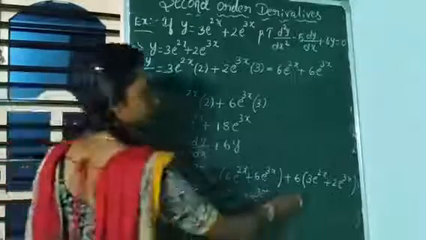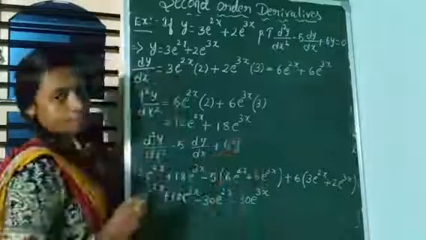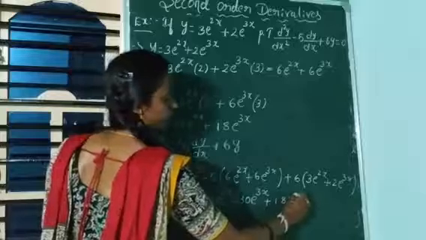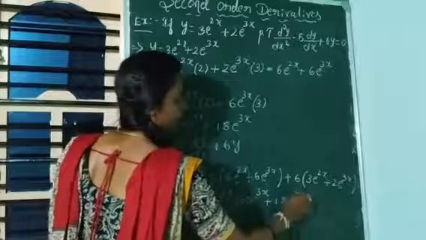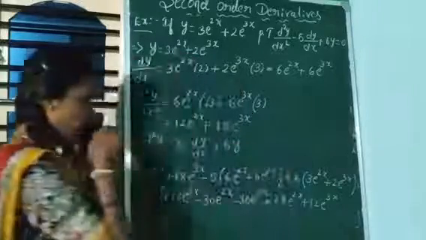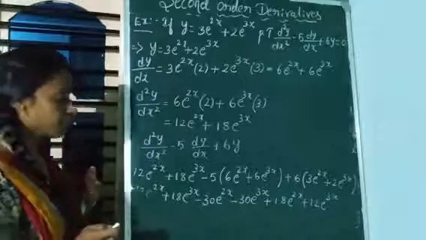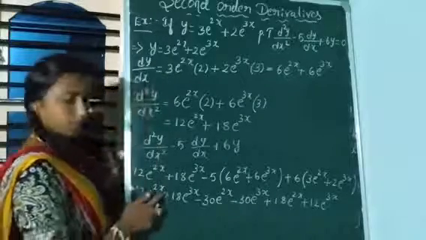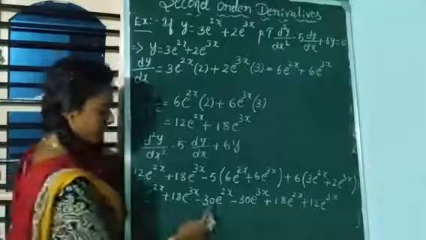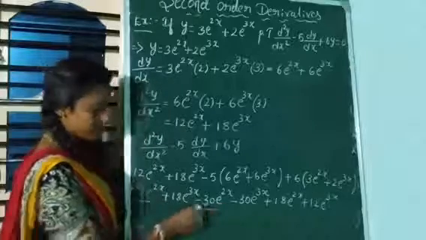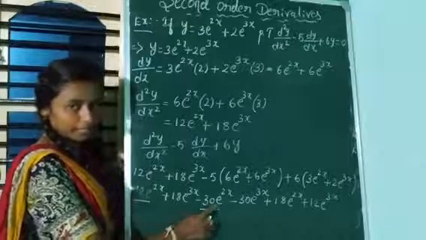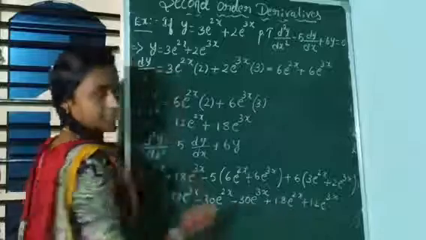The same way, multiply for these two terms by 6, which is 6 into 3 is 18 e power 2x, plus 6 into 2 is 12 e power 3x. Now e power 2x, coefficient 12 is there, then e power 2x, coefficient minus 30 is there. Plus 12 minus 30, you will get minus 18. But here plus 18 is there.